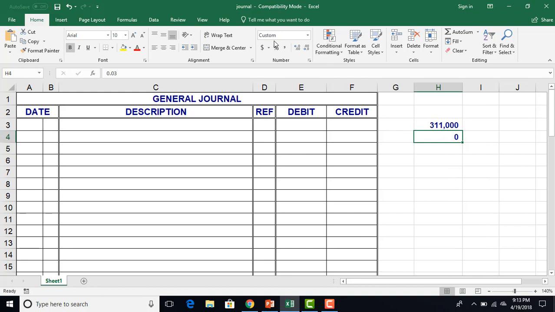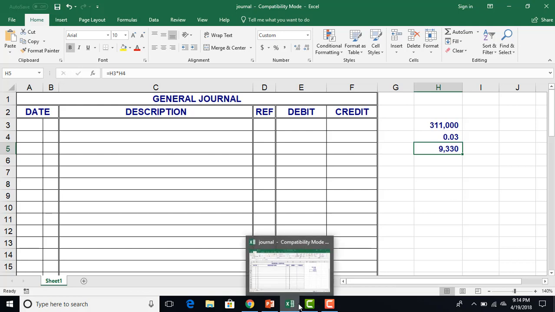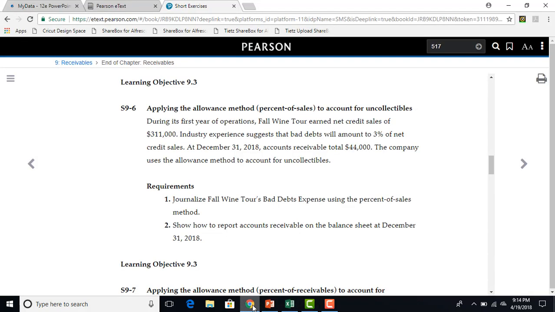Oops, I guess I do need decimals on that one, sorry. So when I multiply those through, 311,000 times 0.03 or 3%, that gives me $9,330 as my estimated bad debts expense. Again, that was just looking at that problem information from short exercise 9.6, 311,000 times 0.03.